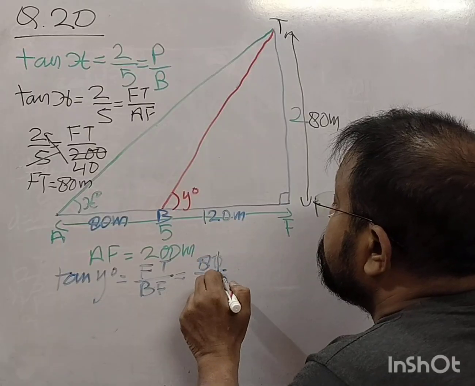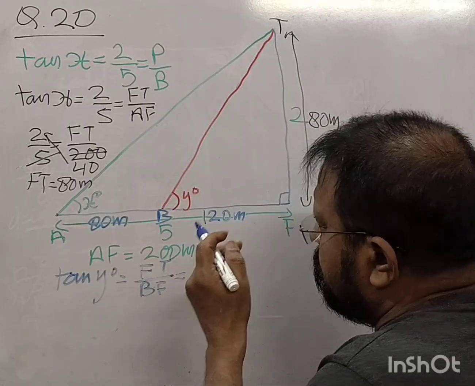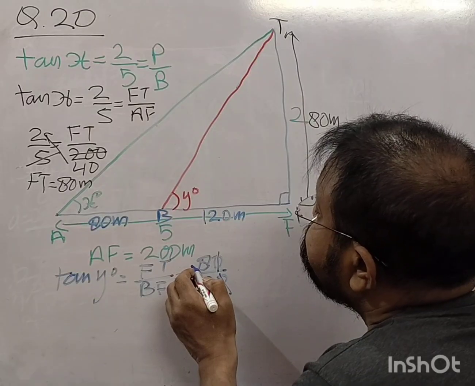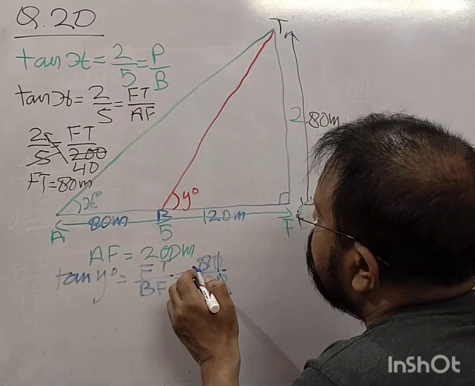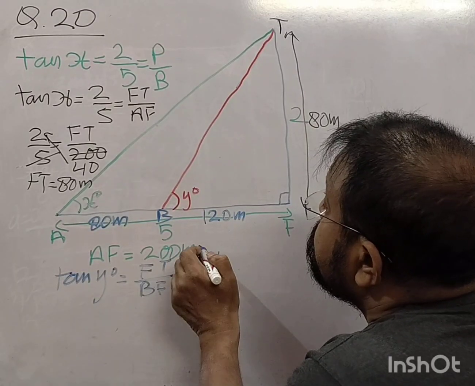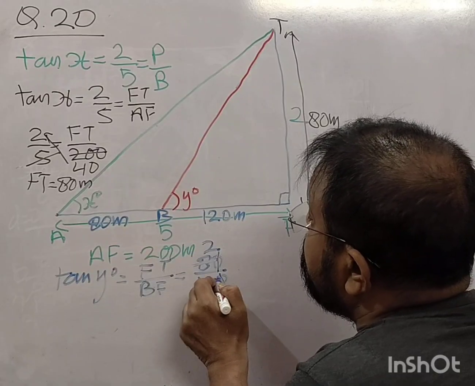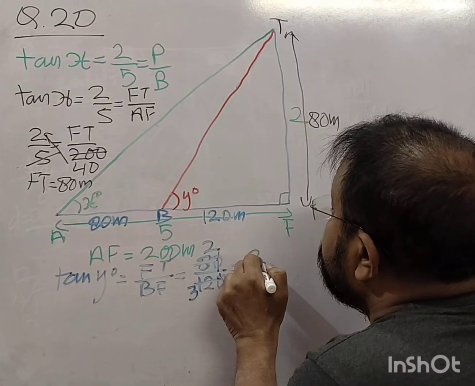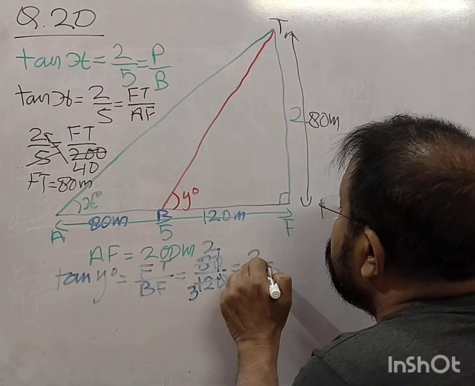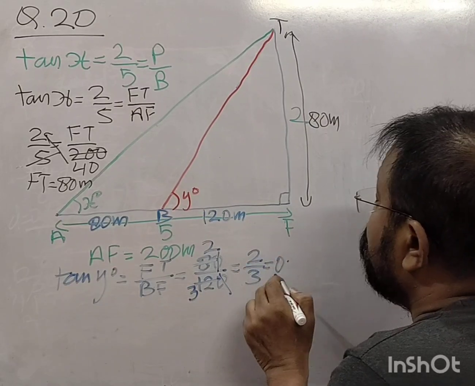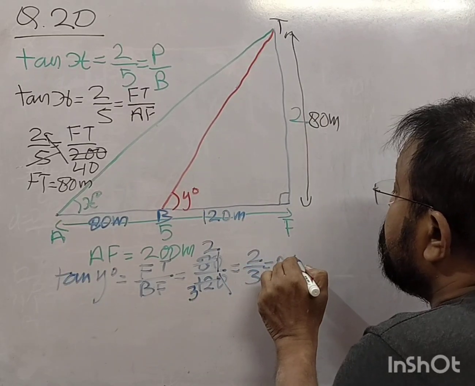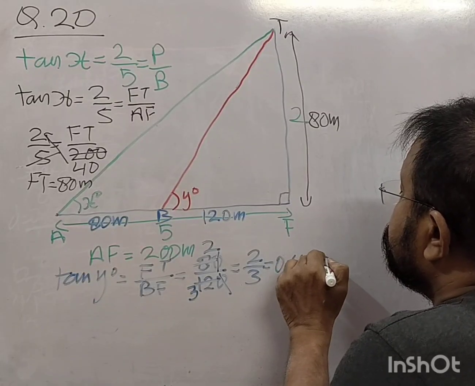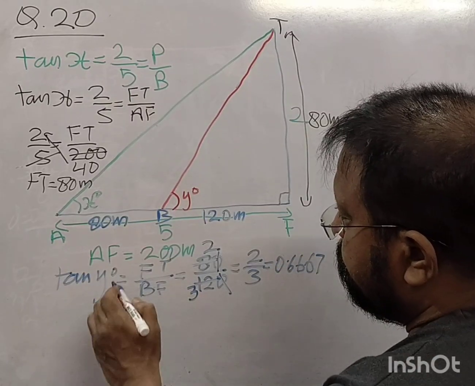So it is cancelled out. 2 times 4 becomes 8, and 3 times 4 becomes 12. So it is 2 by 3. So when you divide it, it comes 0.6667, right?